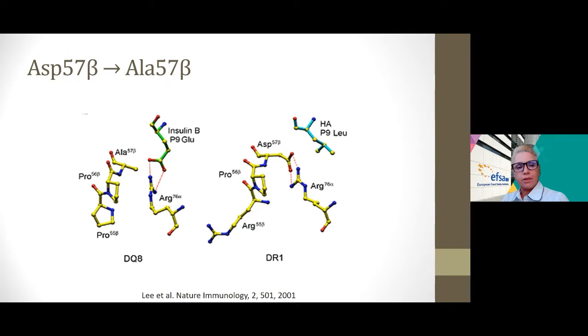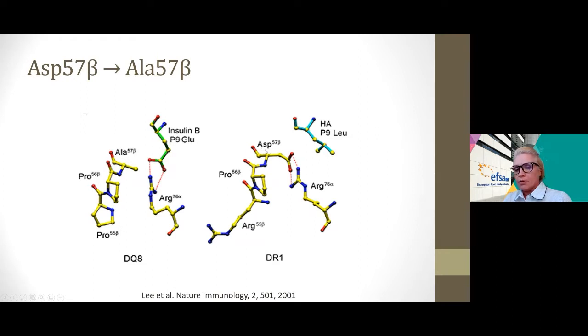So what is the reason why these two alleles are susceptible to celiac disease? One of the possible reasons involves the structure of the HLA, the peptide binding site on the HLA protein. Usually at position 57 in the beta chain of the peptide binding site on the HLA, exists aspartic acid.